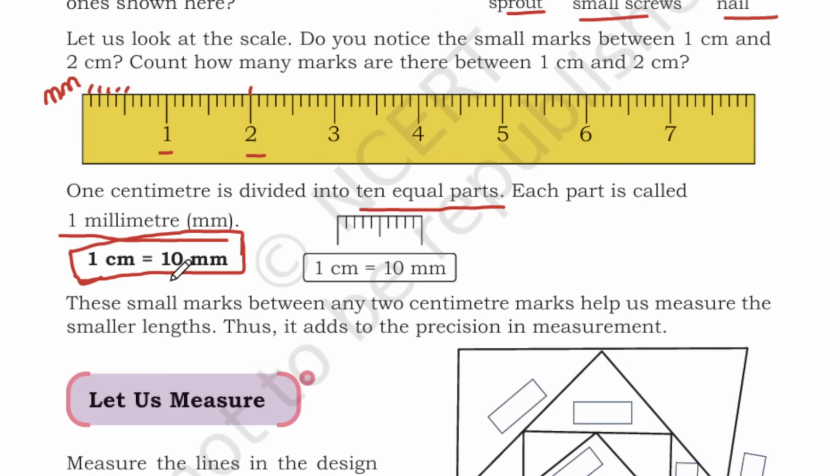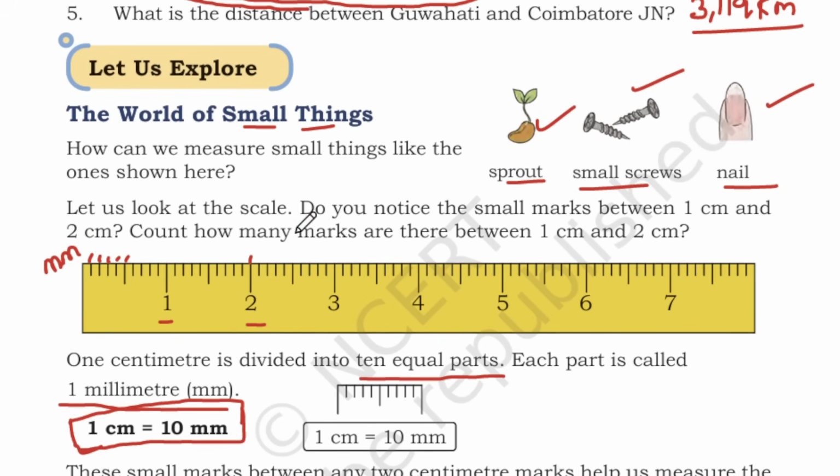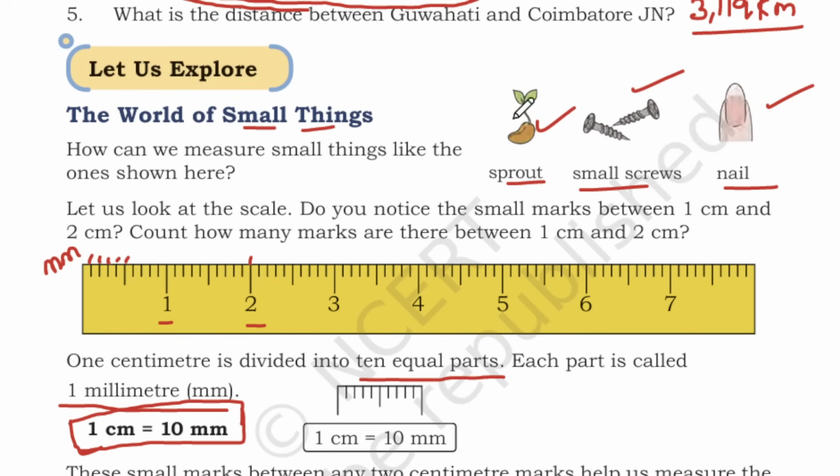These small marks between 2 centimeter marks help us to measure smaller lengths. Thus, it adds to the precision in measurements. Here we have small things like sprouts. If I have a scale here, this is the measurement.